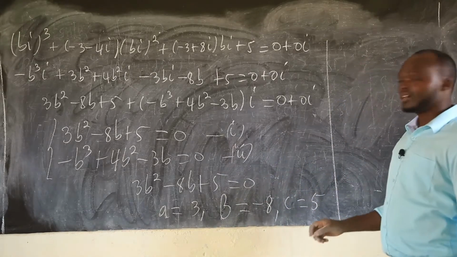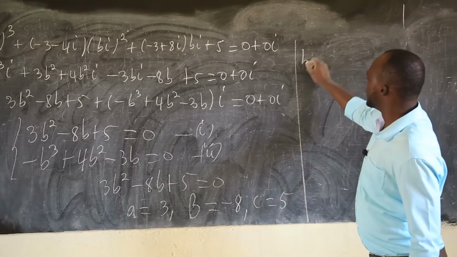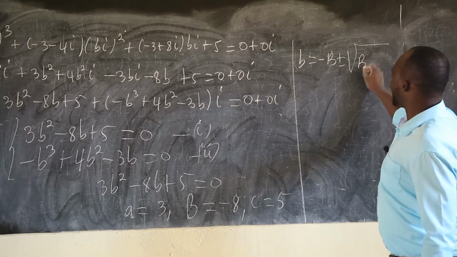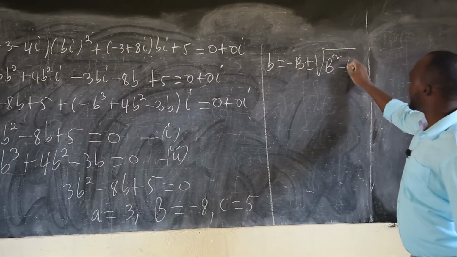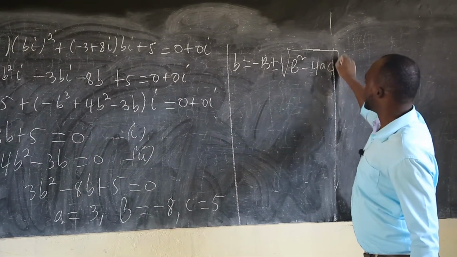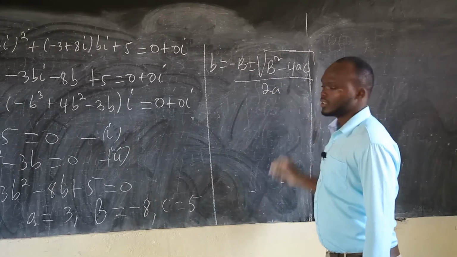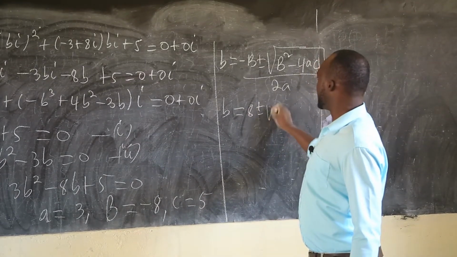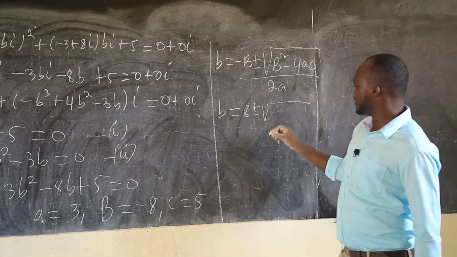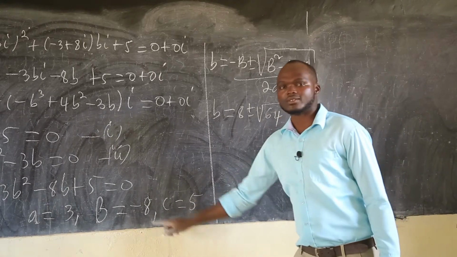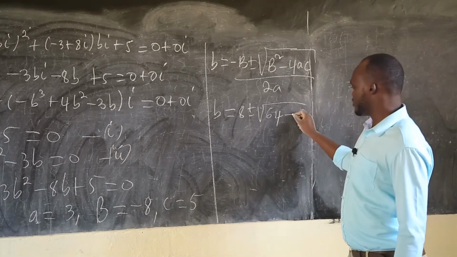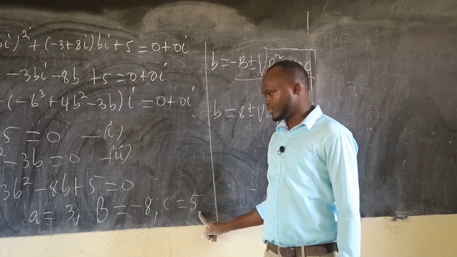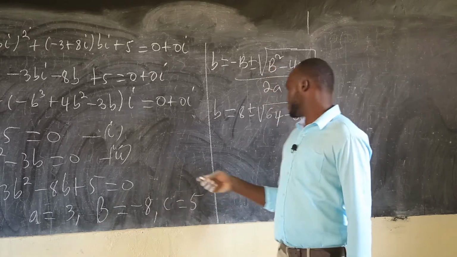I'm going to use the quadratic formula, which is b equal to negative b plus or minus the square root of b squared minus 4ac, divided by 2a. So our b will be equal to negative b, that is 8, plus or minus the square root of 64, because it is negative 8 squared, minus 4ac, that is 60, because 4 times 5 is 20, and 20 times 3 is 60.